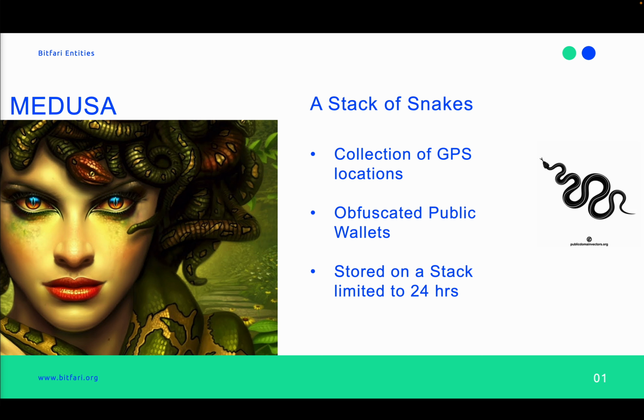Medusa is stacks of snakes. It's actually a group of snakes, of data structures that have the anonymized GPS location of people that are using the Bitfari platform. It has a list of obfuscated public wallets, so it doesn't get the address of the public wallet.